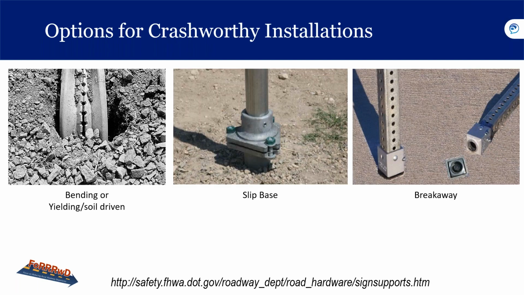Here are some different options for crash-worthy installations. There are 3 methods which are allowed for crash-worthiness. In the first picture, we see bending or yielding, where the material fails and either bends downward or yields due to the force of the impact.